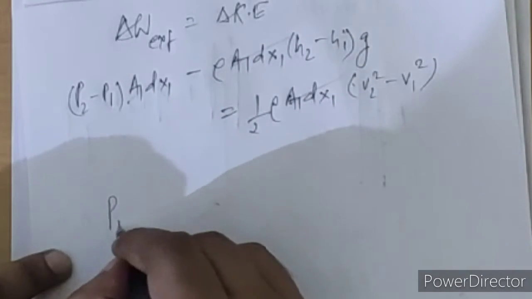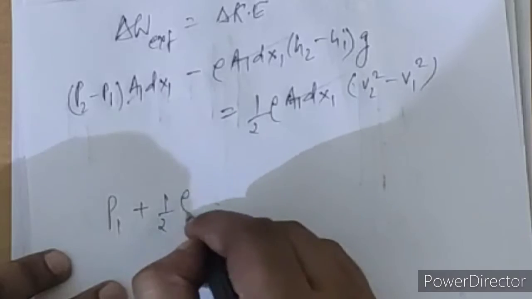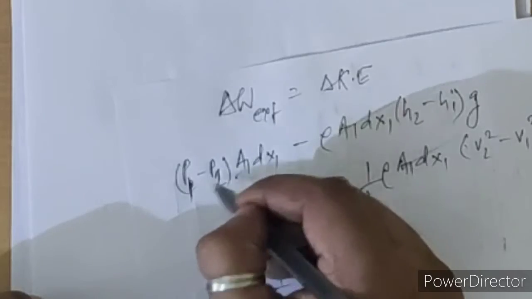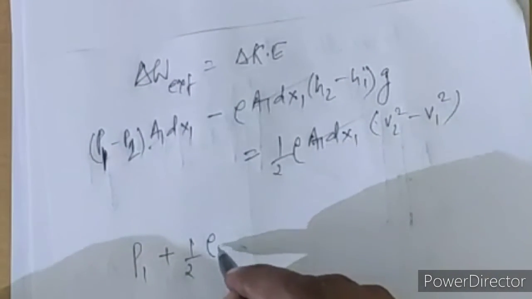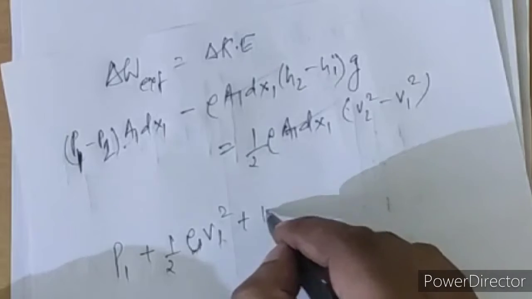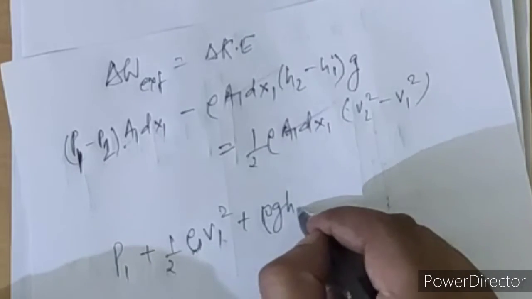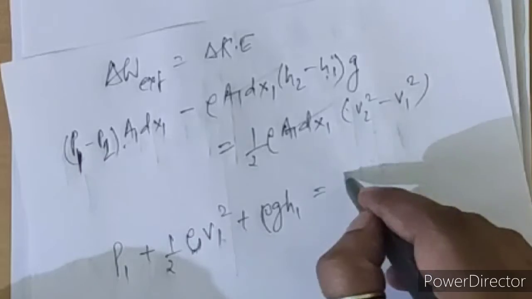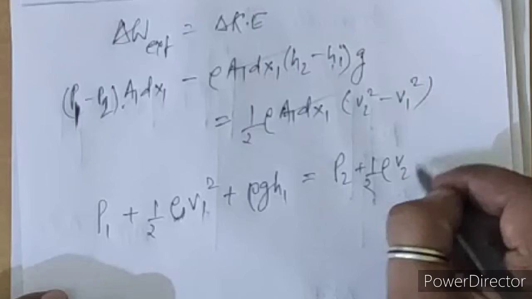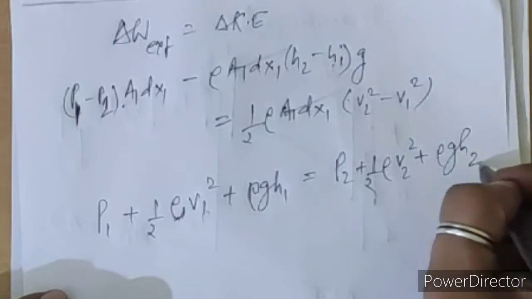We have, sorry, this is p1 minus p2, so p1 plus half rho v1 squared plus rho g h1 from here, and this is p2 plus half rho v2 squared plus rho g h2.